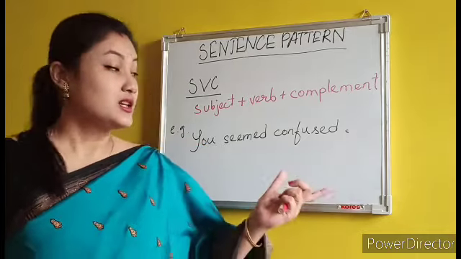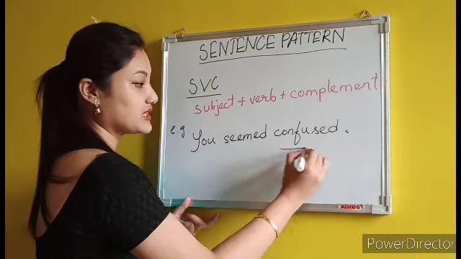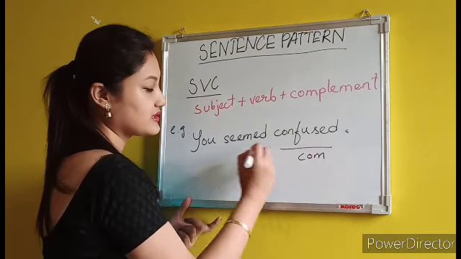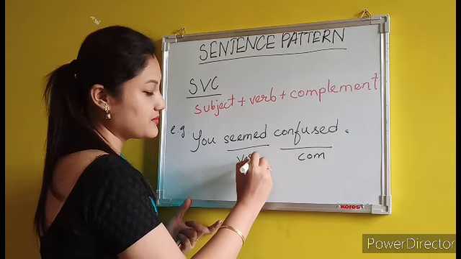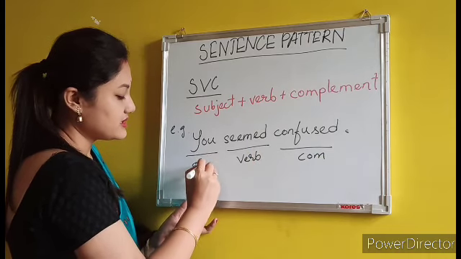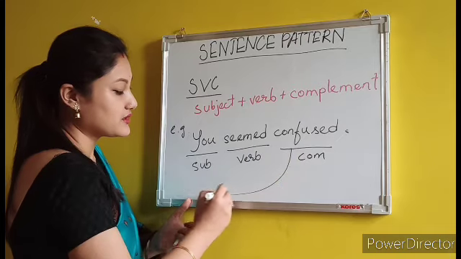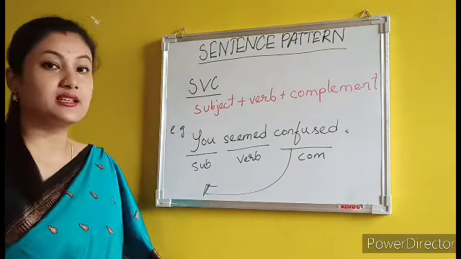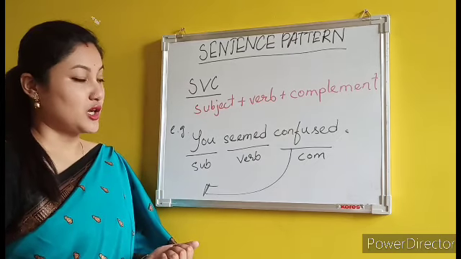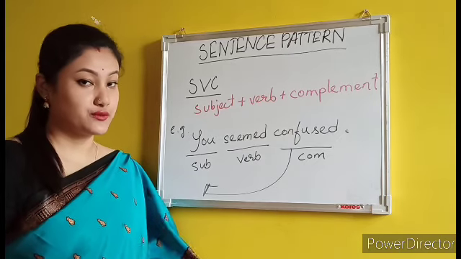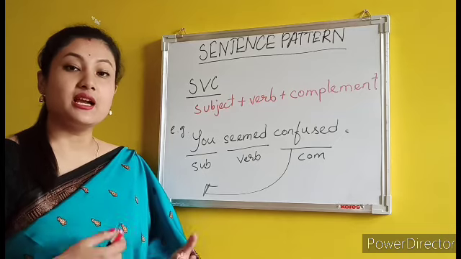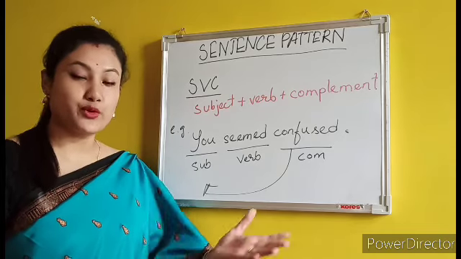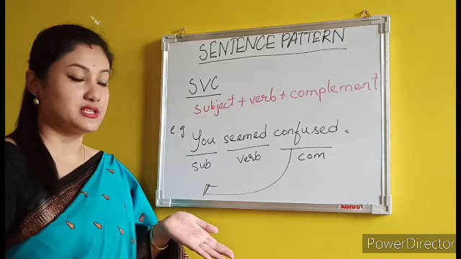Confused. So this word confused is the complement. Seemed is the verb. You is the subject. This word confused fully explains the subject you.